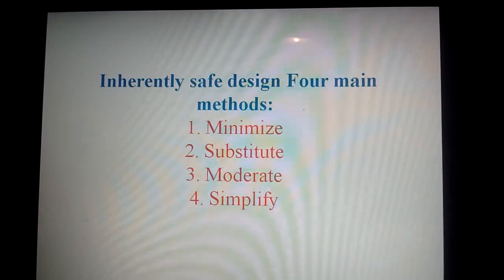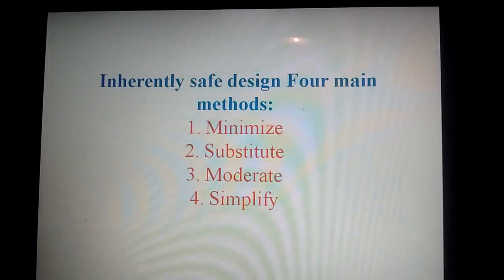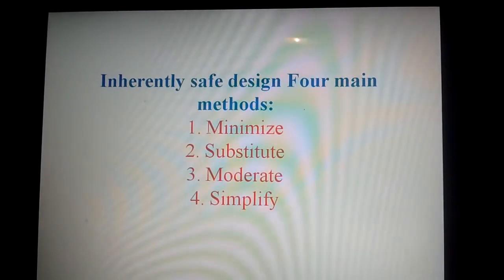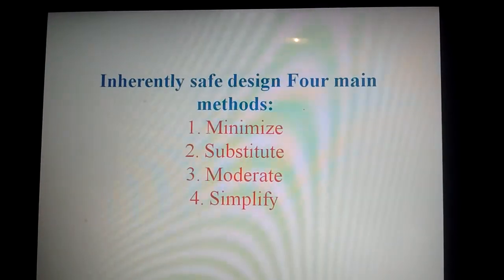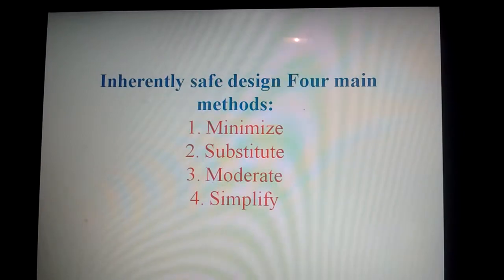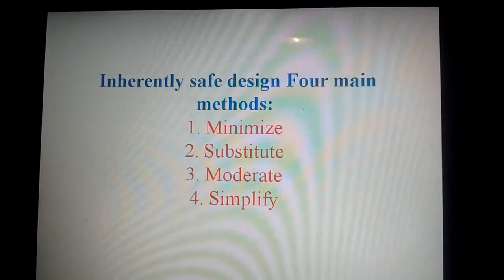Another inherently safe design method is moderate. It means reducing the strength of an effect. For example, having a cold liquid instead of a gas at high pressure. Another example is using material in a dilute rather than a concentrated form. So this indicates moderation.